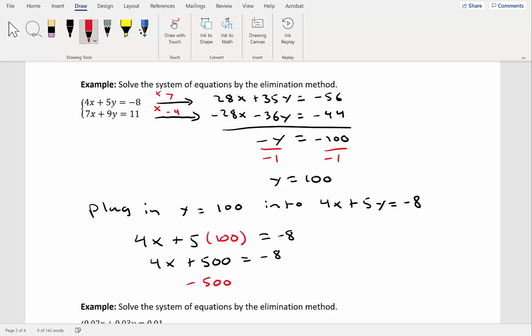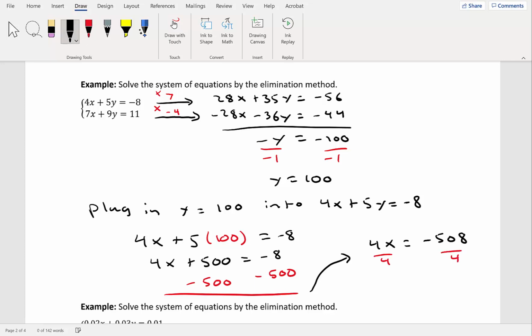Subtract 500 from both sides. Okay, we get 4x is equal to negative 508. And now we're going to go ahead and divide by 4. And this will give us our x by itself. So we get x is equal to negative, and then let's see what this divides into. 4 goes into 5 once, 2 left over.